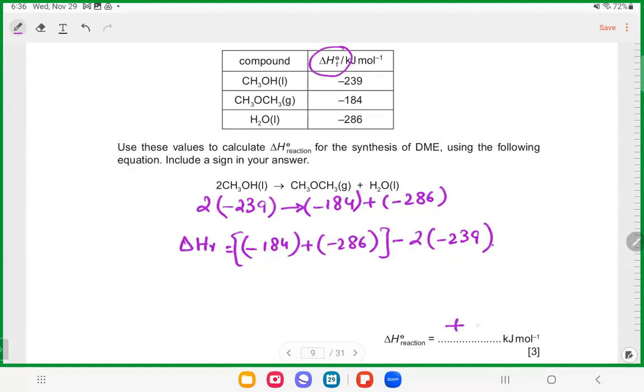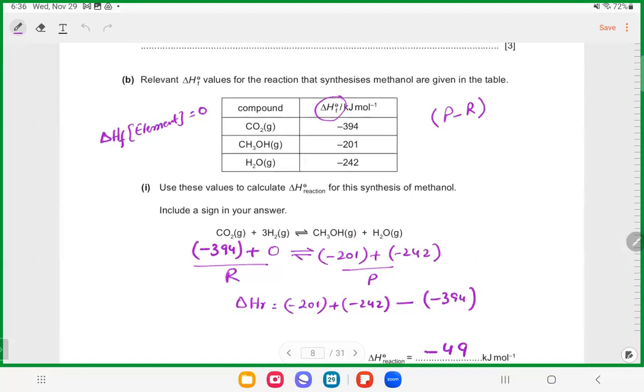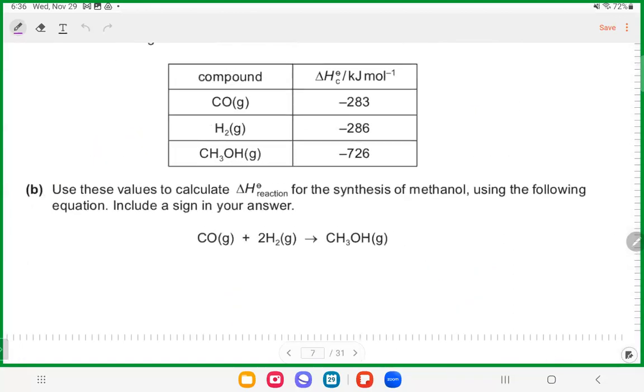Answer is plus 8. Okay? Done, beta? Were there any slip mistakes? Done? Easy? Can you solve this one?